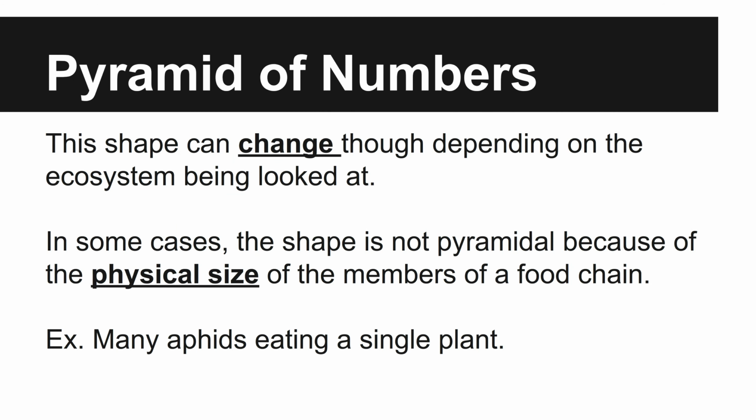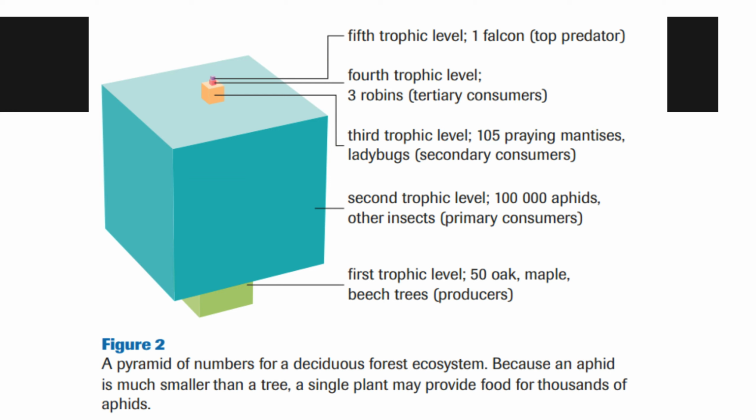This shape can change depending on the ecosystem that we're looking at. In some cases the shape is not pyramidal because of the physical size of the members of the food chain. If we think about aphids or some small insects, there are going to be a lot more of them than if they're eating a single plant or a single tree. So in this example of a pyramid of numbers, it doesn't have that pyramid shape because in our first trophic level, we have 50 oak, maple, and beech trees, which are producers.